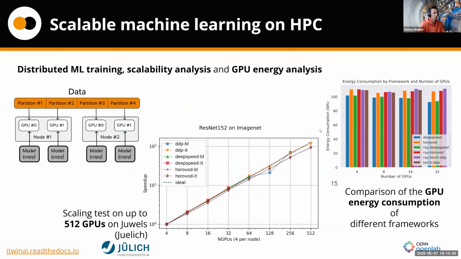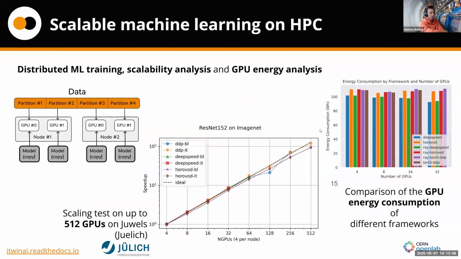When we talk about distributed machine learning training, we think about data parallel distributed machine learning, which means that the whole data set is partitioned and each worker is associated to a different GPU, and each is working on a specific partition of the data set.